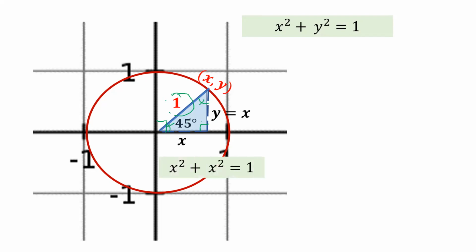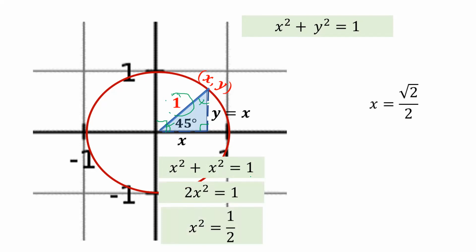So, yung derivation niya, yung y can be replaced by x. We can have this equation, x squared plus x squared equals 1 or 2x squared equals 1, giving us x squared equals 1/2 or x equals square root of 2 over 2. Therefore, yung y natin is also square root of 2 over 2.